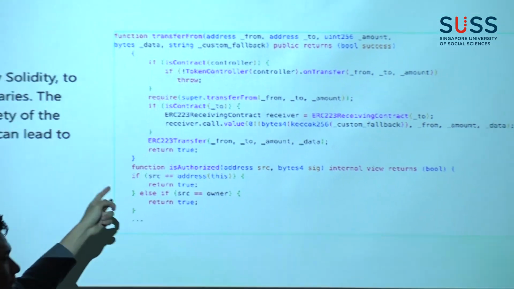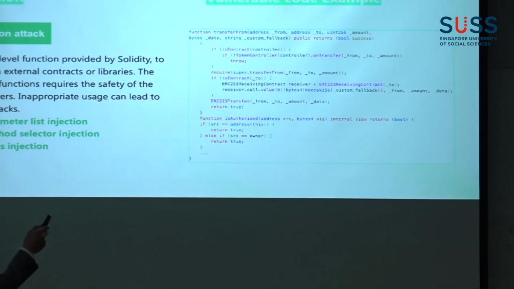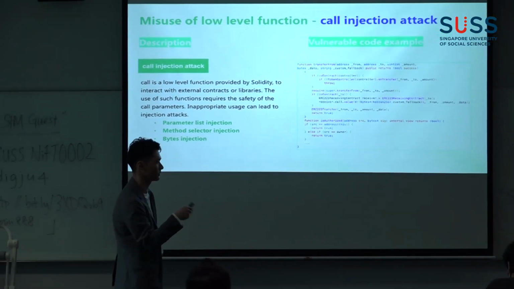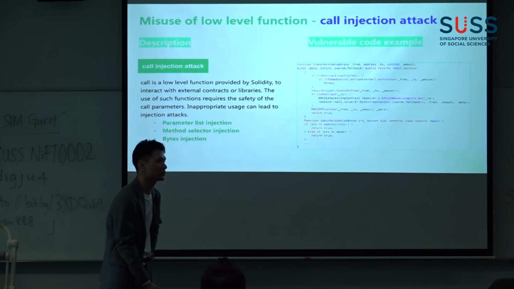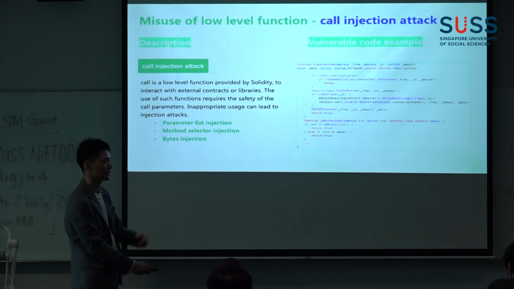That means receiver is any address defined by the attacker. And it uses call.value, which we already mentioned is vulnerable to the transfer transaction flow. And it passes in the custom defined data by attackers. This will cause huge problems because attackers can impersonate this contract and do dangerous things in external contracts.